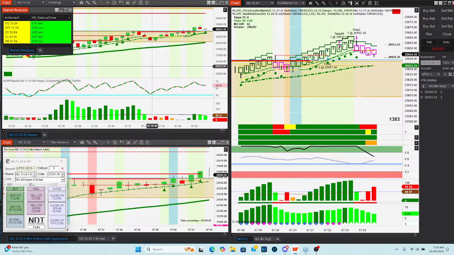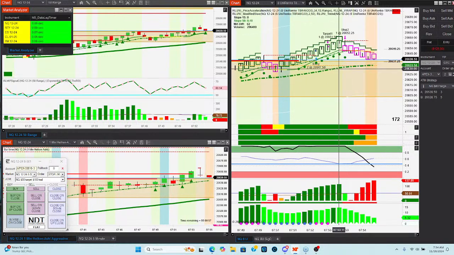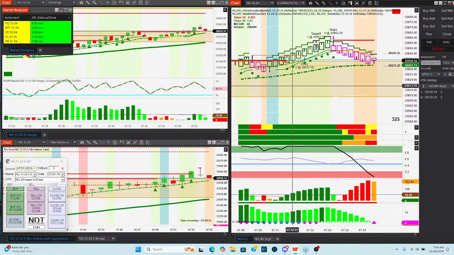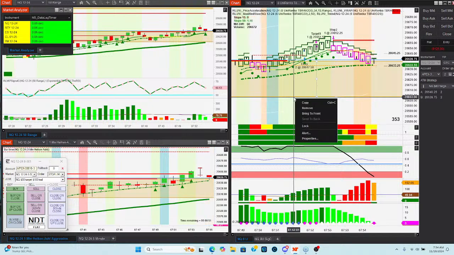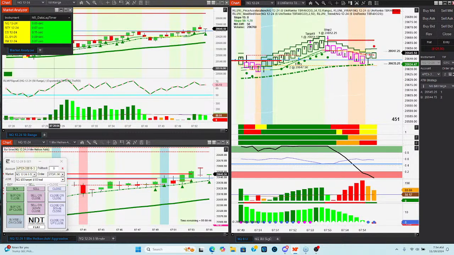Wow, look, it came right out of the box here, and it was tradable. Hang on a second.